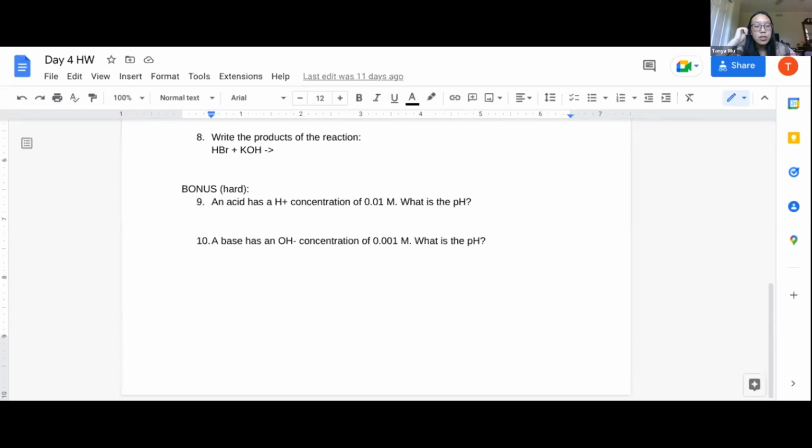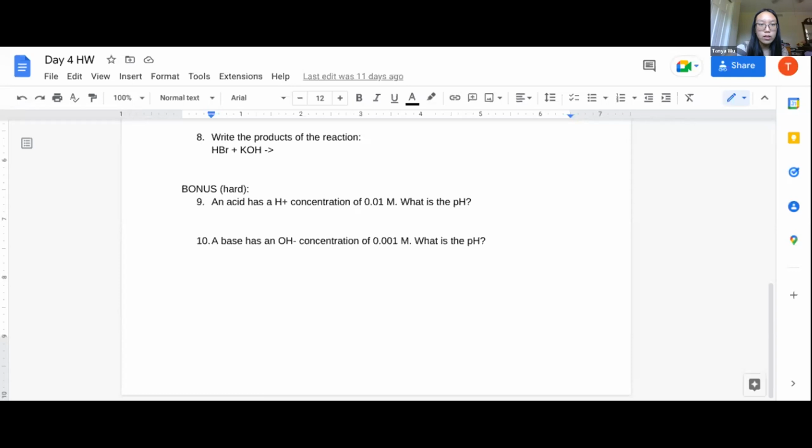Remember that pH is the negative log of the hydrogen ion concentration. So that's negative log base 10 of 0.01, which is 2. And that's actually very acidic.